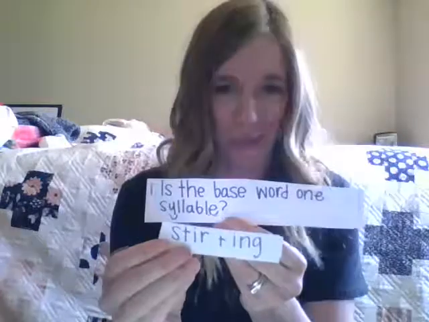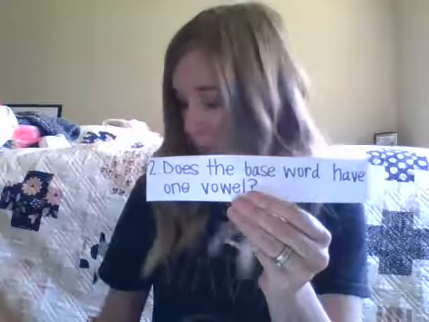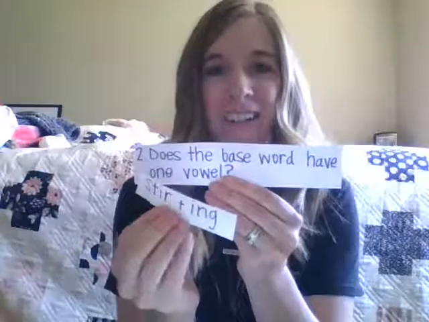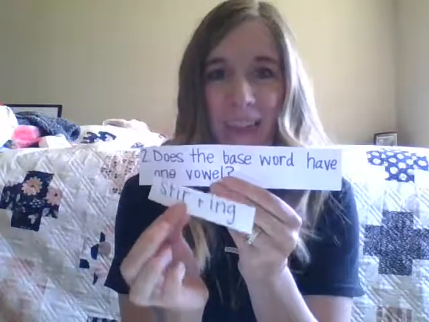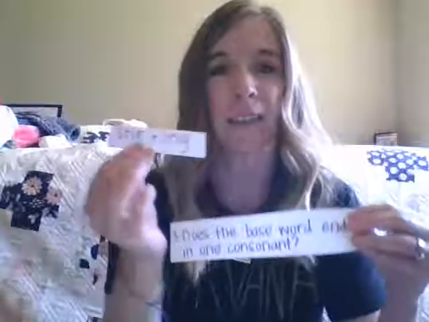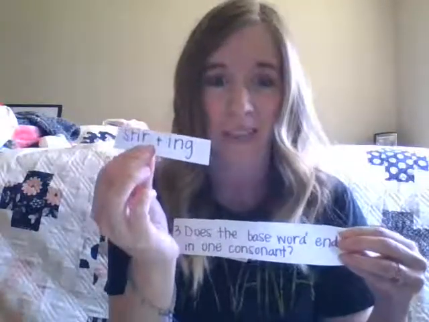Stir? Right, it is. Our second question is, does the base word have one vowel? Is there one vowel in stir? Yes, the letter I, that's our vowel. Our next question, does the base word end in one consonant? Yep, that R, that's our only consonant at the end of the word stir.